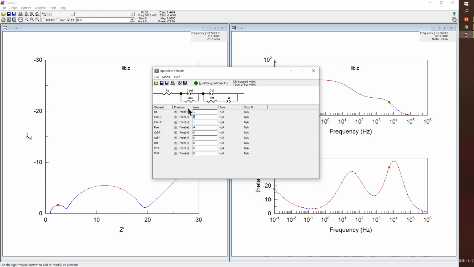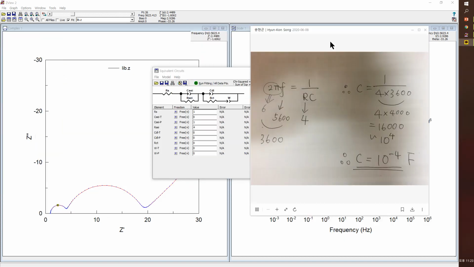So you know the value of the resistance, and the top frequency you have obtained, so you could calculate the capacitance value.